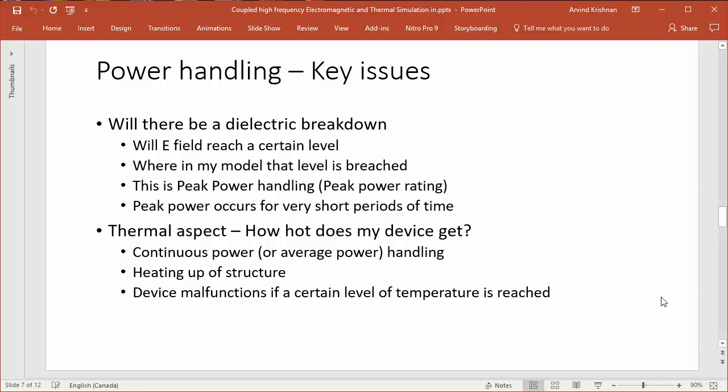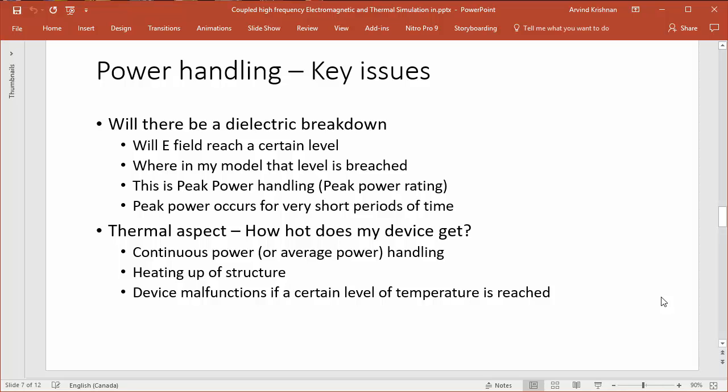Now this is basically what is known as the peak power handling or the peak power rating of any particular device. Now the peak power rating is by design only expected to occur in very short periods of time and is not a general operating condition.